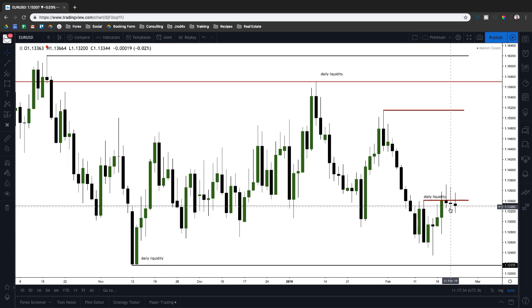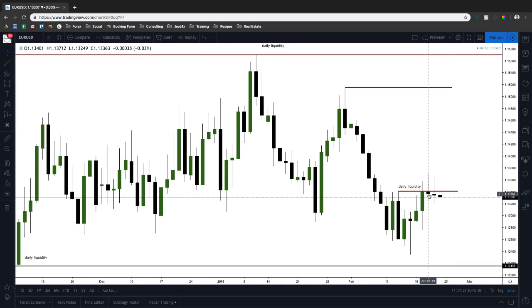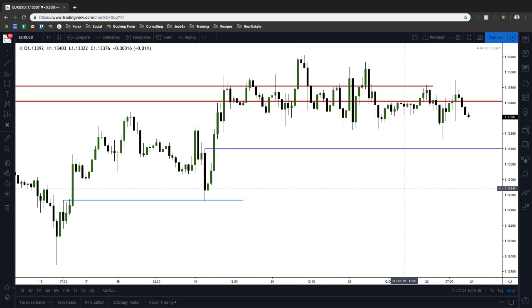Now we do need to see some type of significant sell off. We don't want to just see the market pausing at this level, because it could very well be retesting daily support and start trading higher. But as of right now, even if you come down to an hourly time frame, for example, the markets have been pretty choppy, especially for this pair. We've been in a pretty tight consolidation.